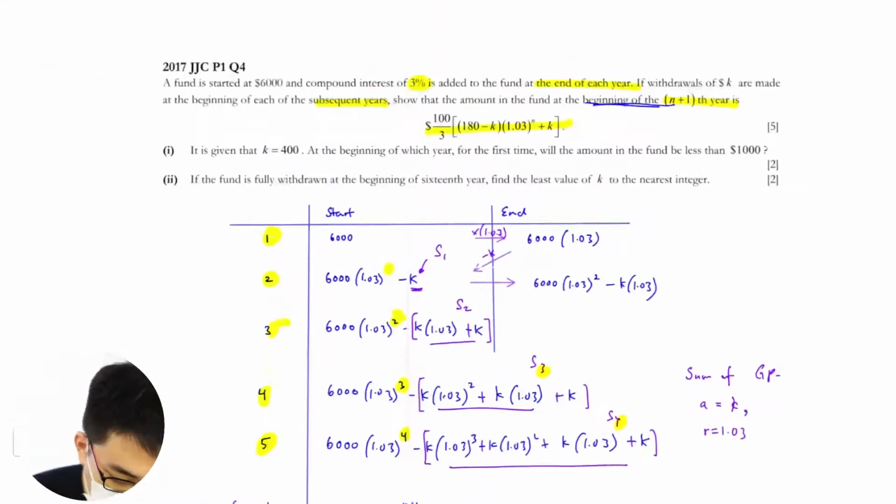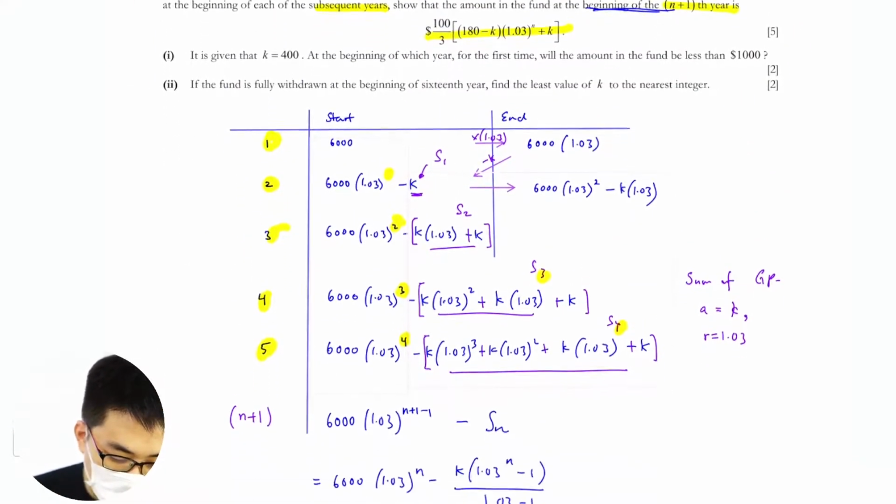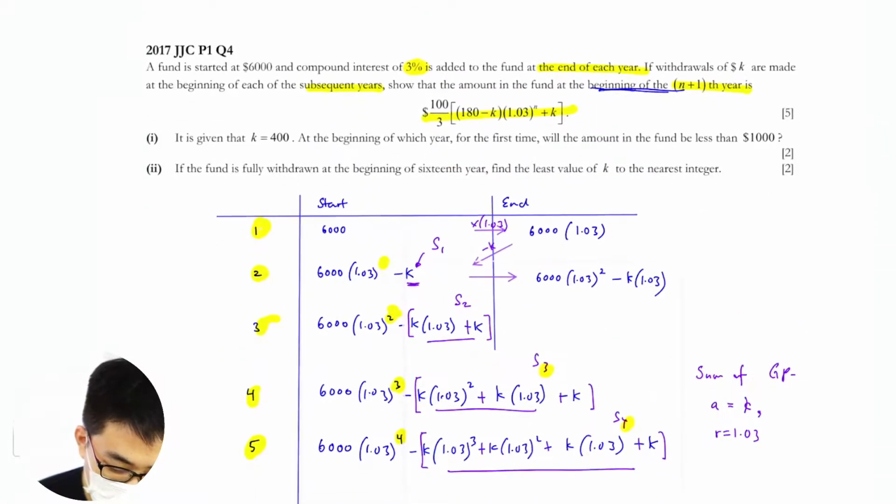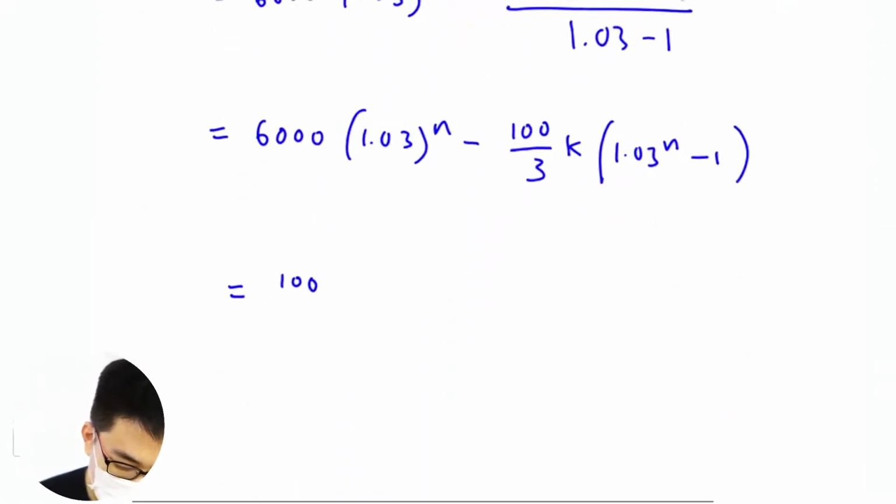Oh, they want us to factorize the 100 over 3 out. Quite funny, but okay. Why?